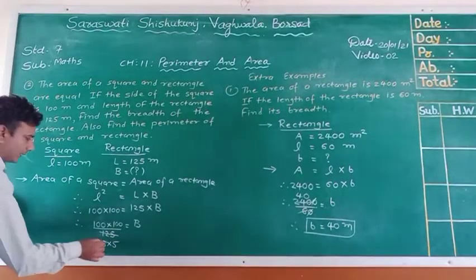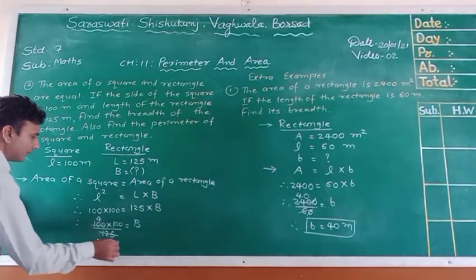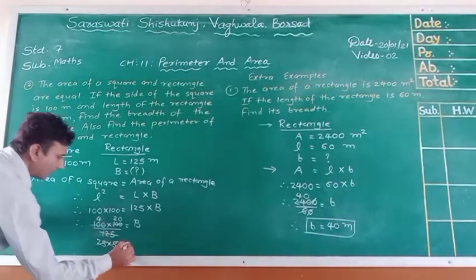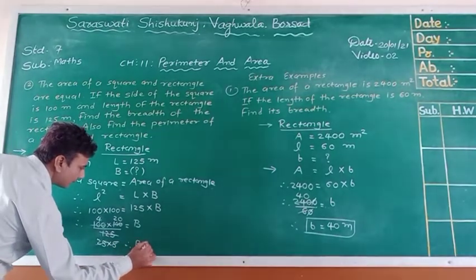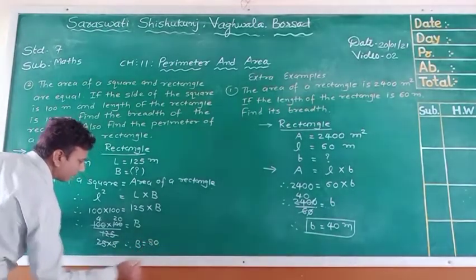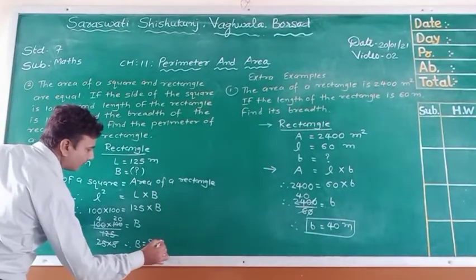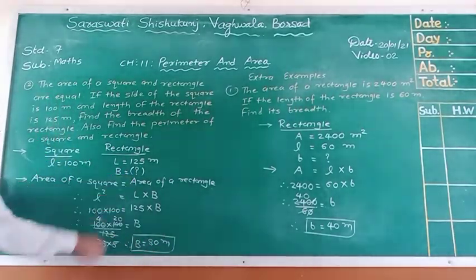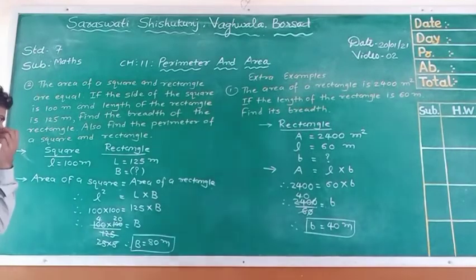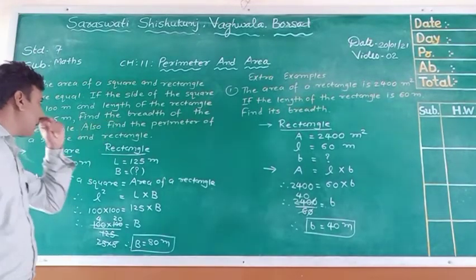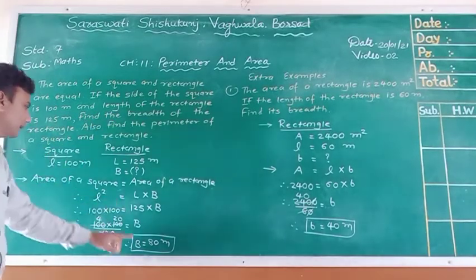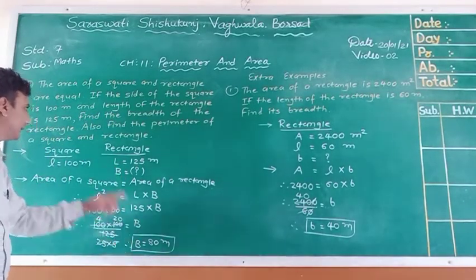Okay, 25 4s are 100. 20 4s are 80 meter. Yes, students. So here we got the breadth value: 80 meter. Okay. So simply, the first question, find the breadth of the rectangle. Yes, the breadth of the rectangle is 80 meter.